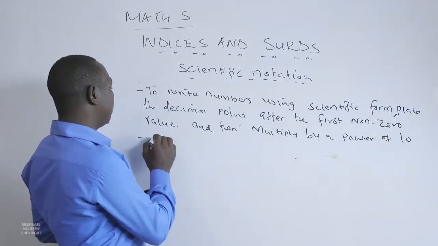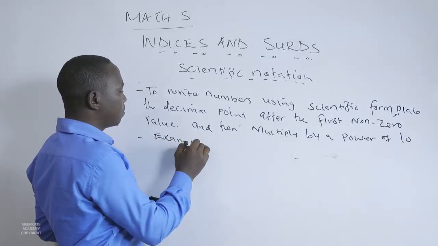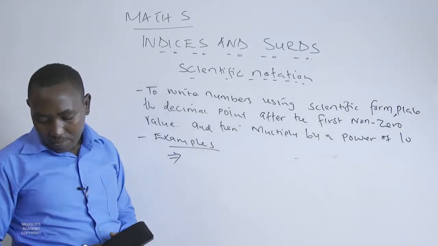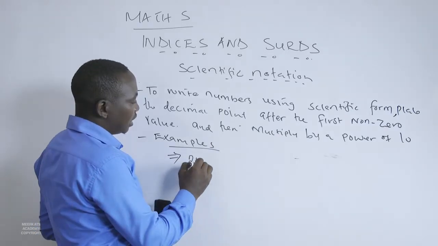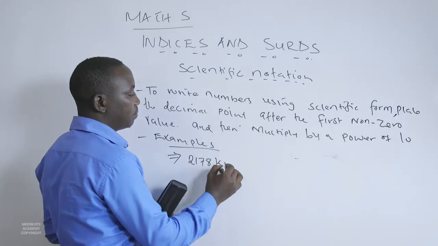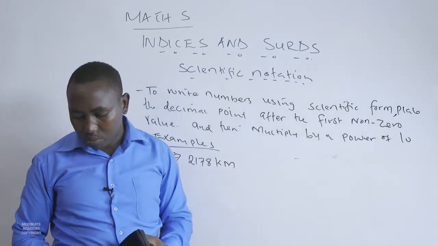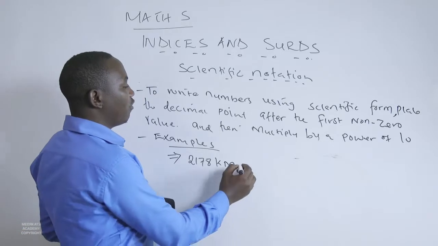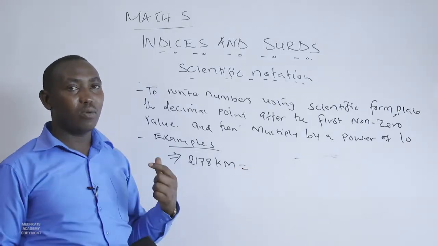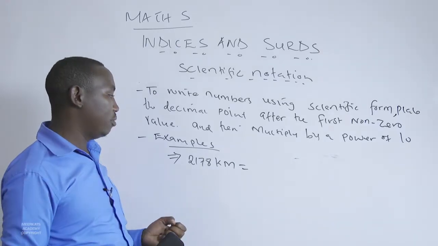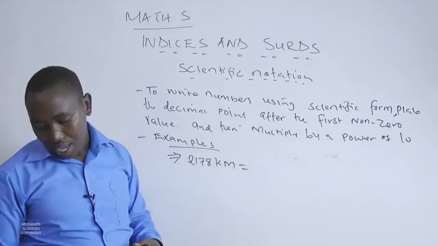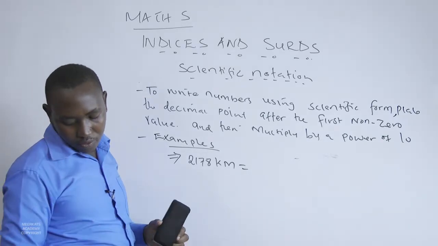For example, if you are given 2178 kilometers and we are expected to convert it to meters, you understand that 1,000 meters makes up 1 kilometer. So when you have 2178 kilometers, you need to multiply this by 1,000.